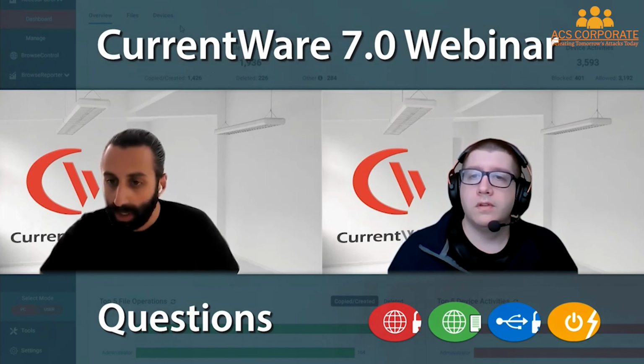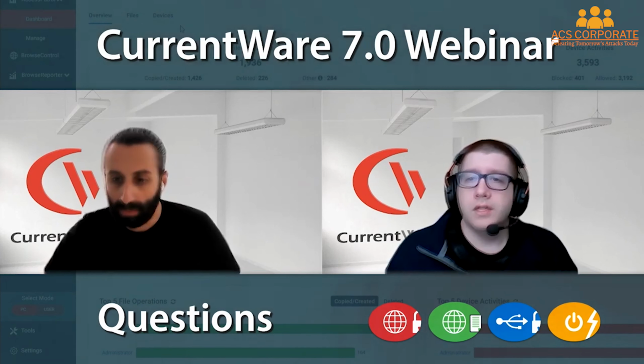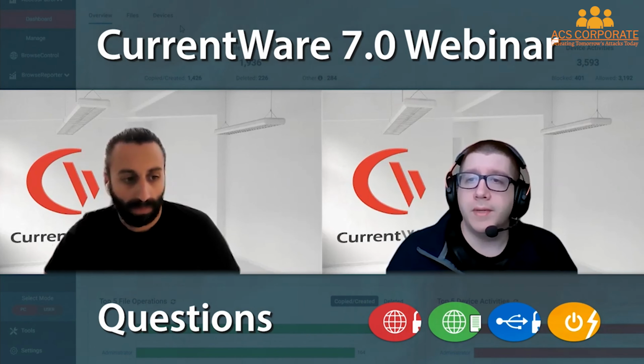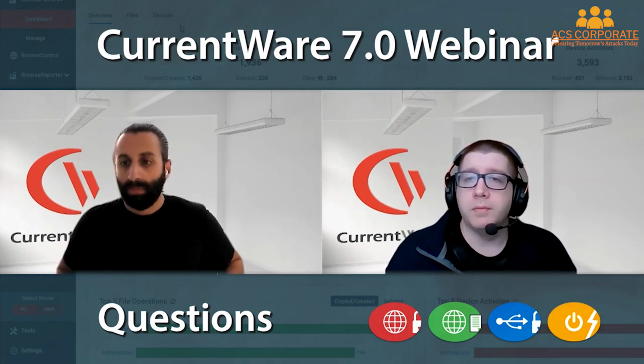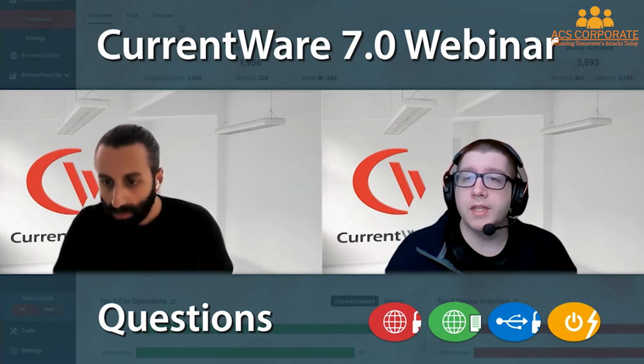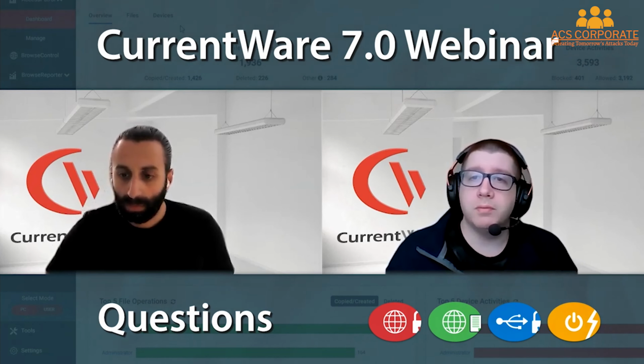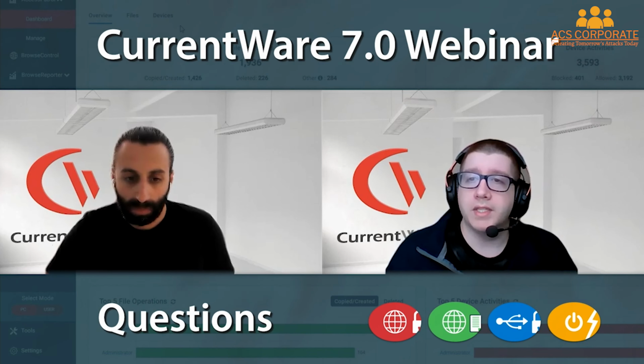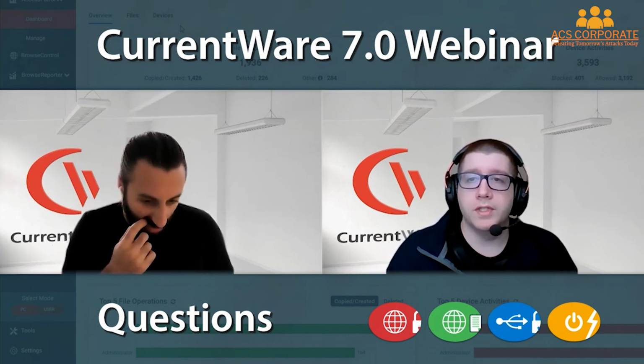One more question from Joshua. Does Browser Tracker v7 better merge computer activity and browser activity? Mike, I guess that's for you as well. Great, I think I understand the question here. With BrowseReporter, you're getting a full breakdown of the computer activity based on applications and all their browser activity based on sites visited, especially with the dashboard, which we added back in 6.0.2, if you are still running an older version.